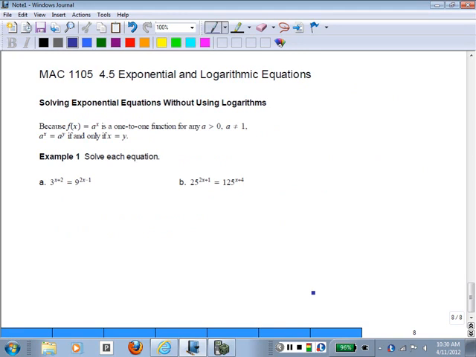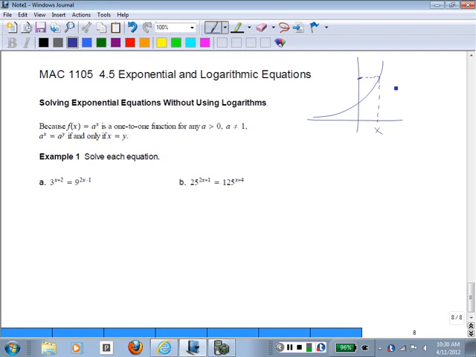F of x equals a to the x is a one-to-one function. We verified that. The graph passes the horizontal line test, so it's one-to-one. What it means is that there's a particular y value that's the y coordinate of some point on the graph. There's only one x value right there that'll give you that y value.